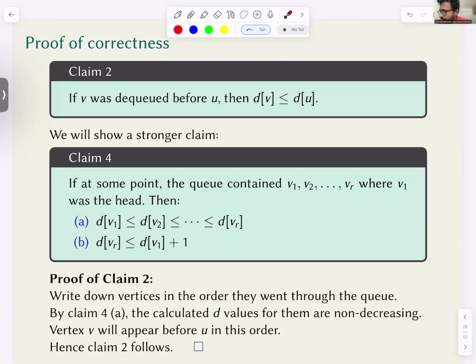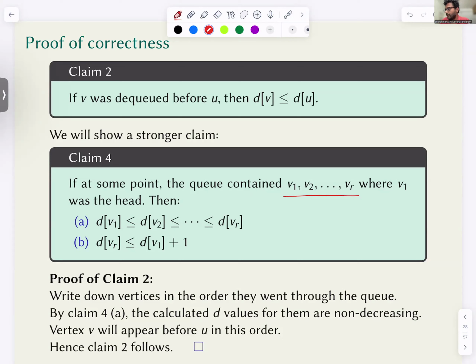At some point, let's say the Q contains V1 to VR, R vertices, where V1 is at the front, meaning V1 is the next vertex to be dequeued. Throughout we will have d of V1 less than or equal to d of V2, and so on, plus d of VR is not more than d of V1 plus 1.